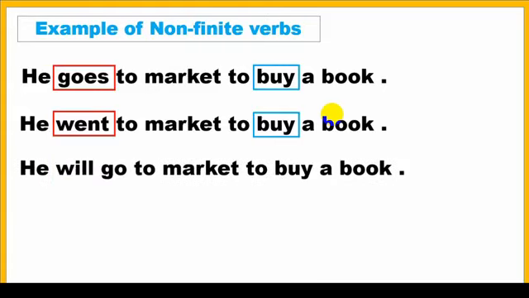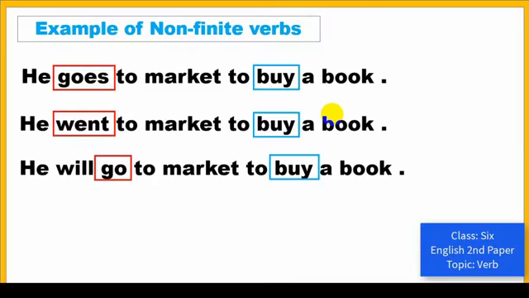Look at another sentence. He will go to market to buy a book. Here go is a verb and buy is also a verb, but the sentence is in future tense, and the subject he is also third person and singular number.